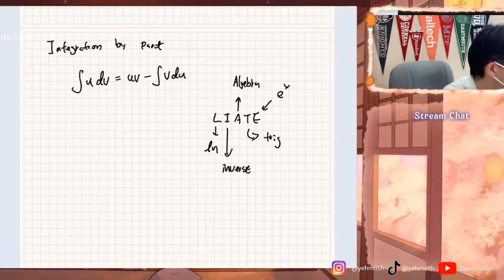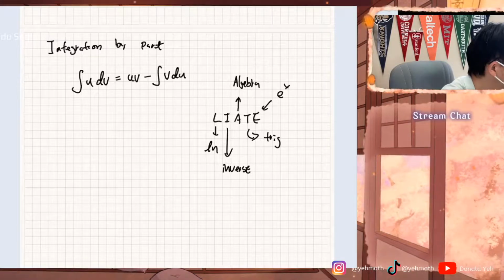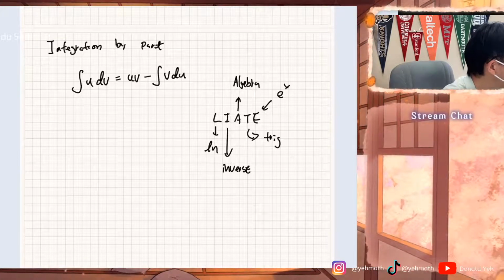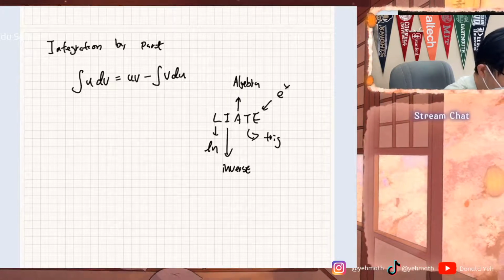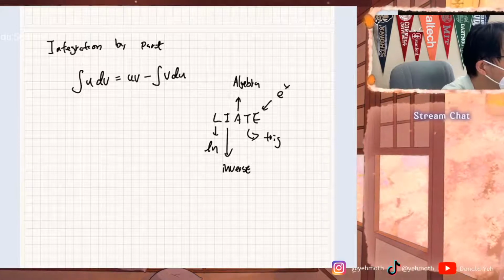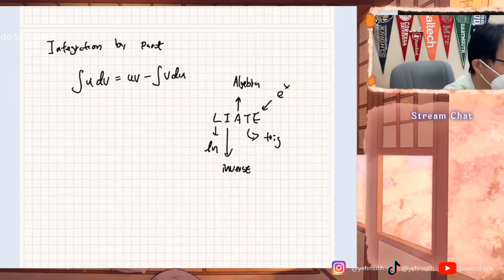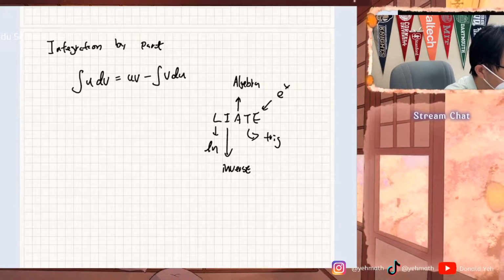You want to set u equal to the one that comes first in that particular order. Usually that will get your problem solved. T stands for what? E to the T? T stands for trig. So sine of x, cosine of x, tangent of x, and cotangent of x. Oh, E does.